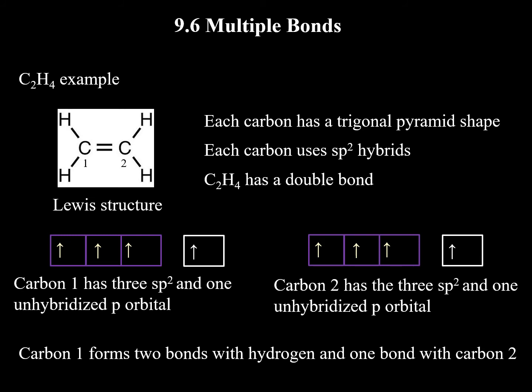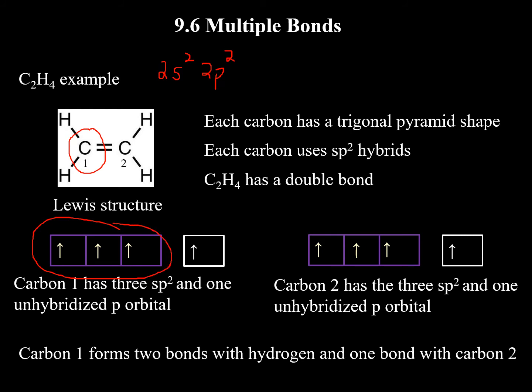So in this case, we have the example of C2H4, which has 1 double bond. Let's call this carbon 1. If we focus on carbon 1, normally it's 1s2, 2s2, 2p2. And what happens here is an sp2 is formed where the s combines with 2 p orbitals to make 3 sp2 hybrids.